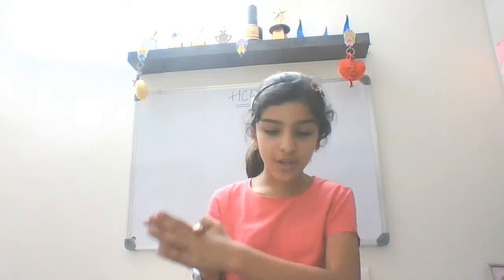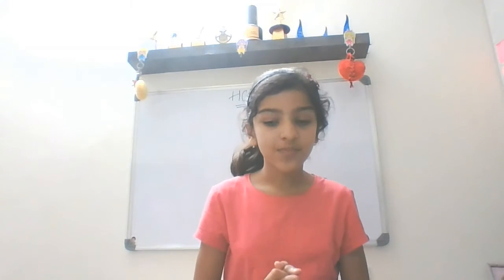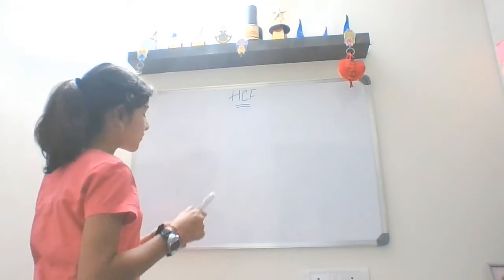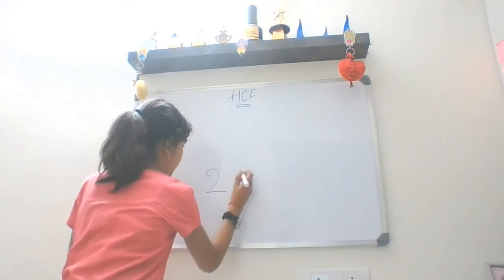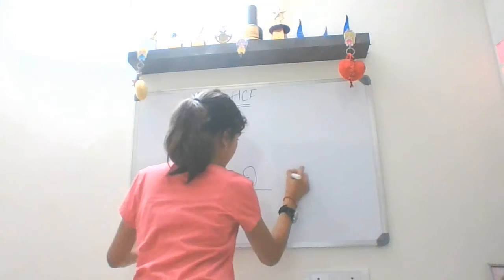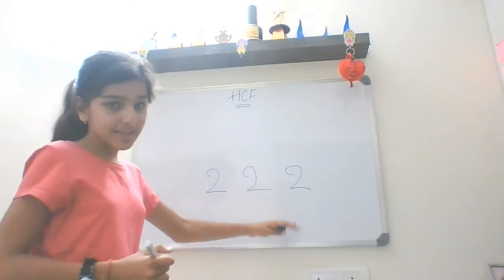So the highest common factor of two or more numbers is the greatest number that divides the numbers exactly. We can find the highest common factor of two numbers by the prime factors. So as we saw, the prime factors of 8 are 2, 2 and 2. Okay, so we multiply them first.